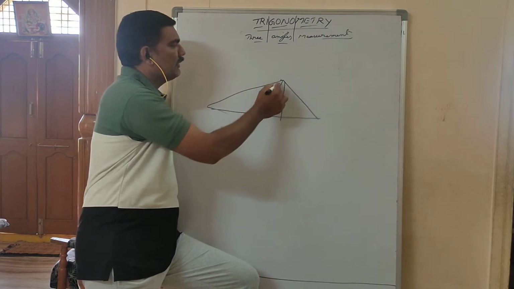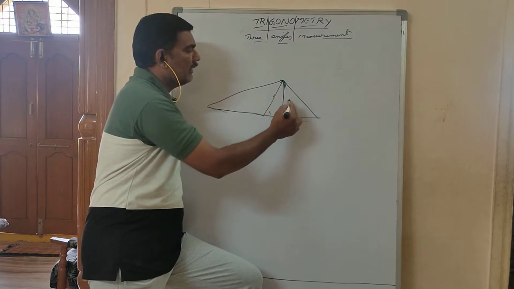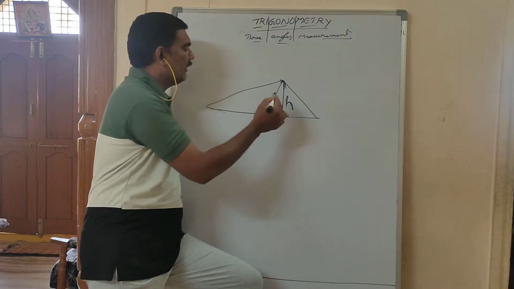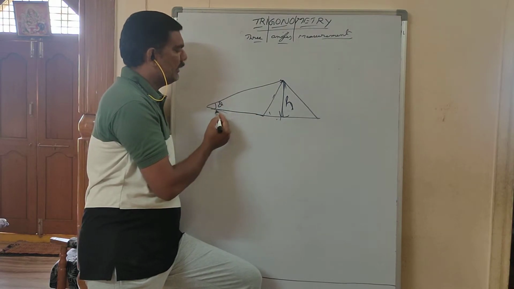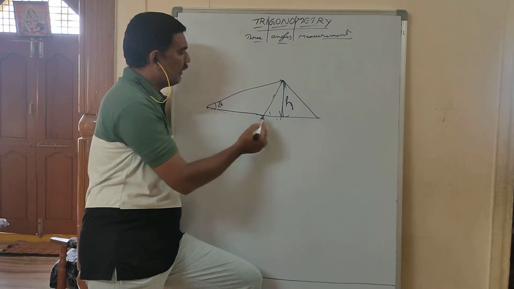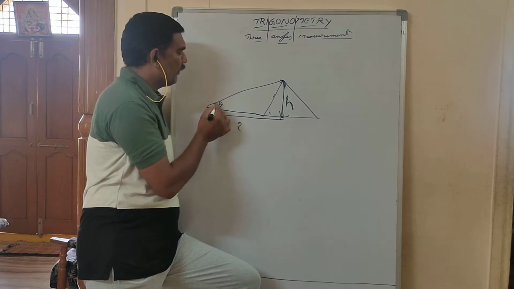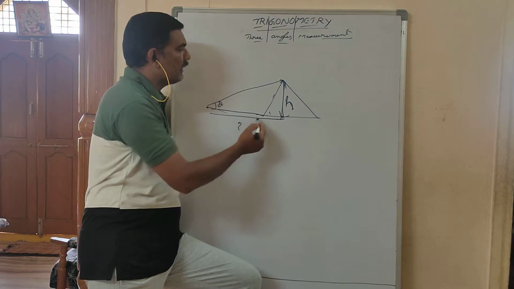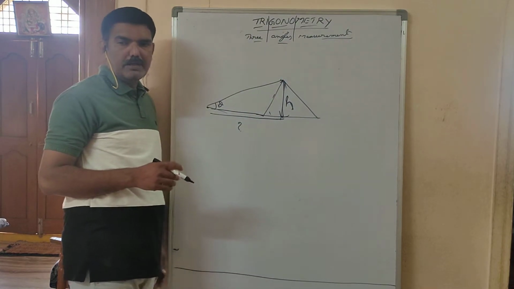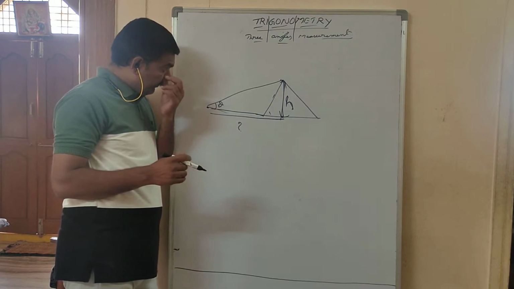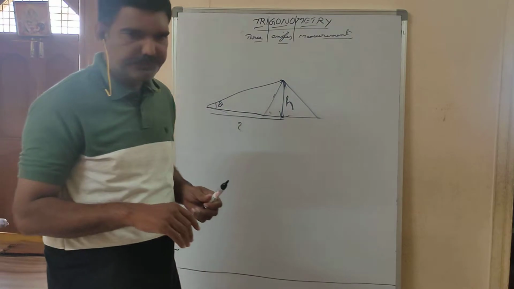Okay. So if it is a mountain, it's a height. We can find it if you know the angle of elevation and from here to here the distance. If you know angle and distance, we can find out height by using what? Trigonometry.